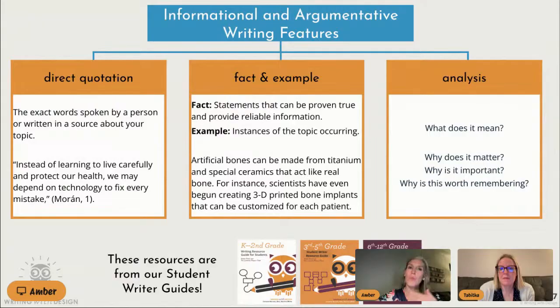But why is it not okay to trust technology more than biology? What does that mean? Why are you telling me that? Why did you pull that as one of your reasons? So that analysis piece is really critical to help students get out of the literal and get more into the inferential level of thinking on the topic that they're writing.